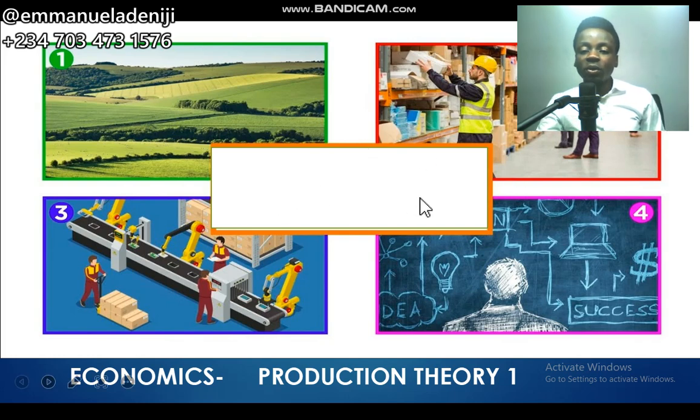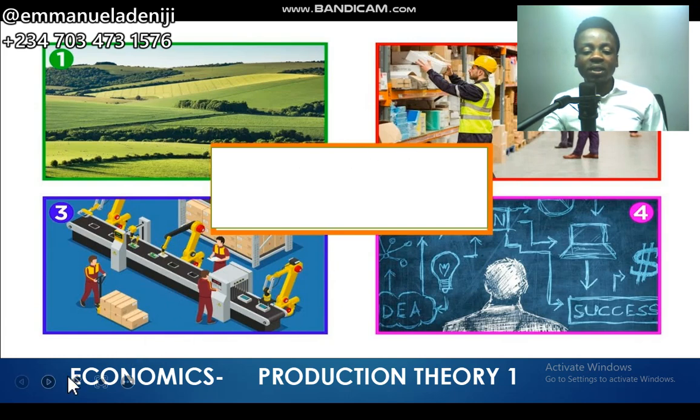A long run production period is a period in production when the firm can vary all its inputs. Note that in the long run, no input is fixed, all inputs are variable. The firm can adjust the quantity of its inputs as it desires in order to produce output.